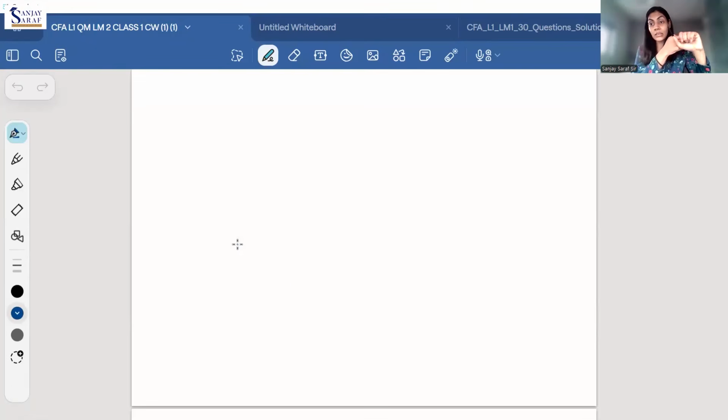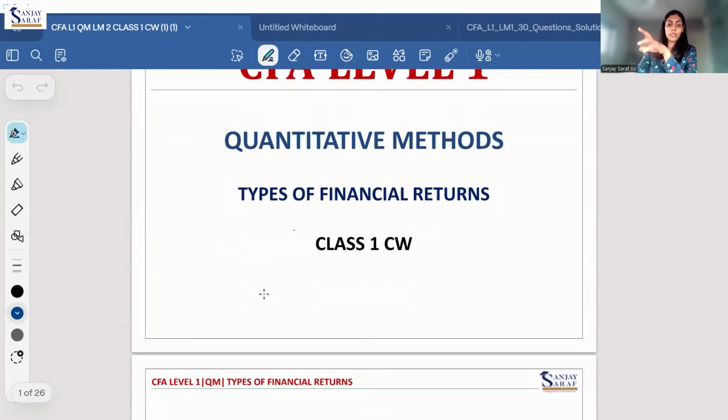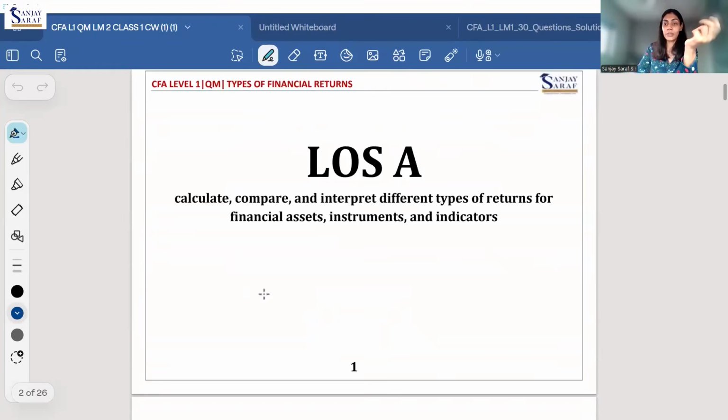It has 30 questions and you are going to get an end of chapter quiz, an end of chapter test actually, that you can take once you are sure that you're perfectly okay with the first learning module, you're clear with all the concepts. Okay, let us take some questions. कोई बचे हुए अगर doubts हैं या कोई concept हमने miss किया है तो we cover them through these questions.